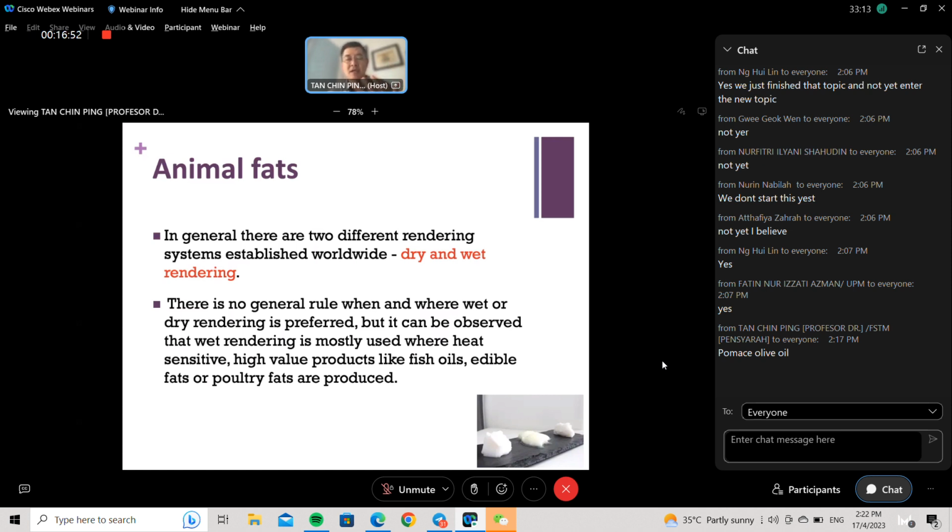So it can be a frying pan, or it can be a normal shallow pan for heating, and then you are going to get oil leak out or leach out from the adipose tissues, while at the same time you see the adipose tissue shrink in size and become what we call graves.